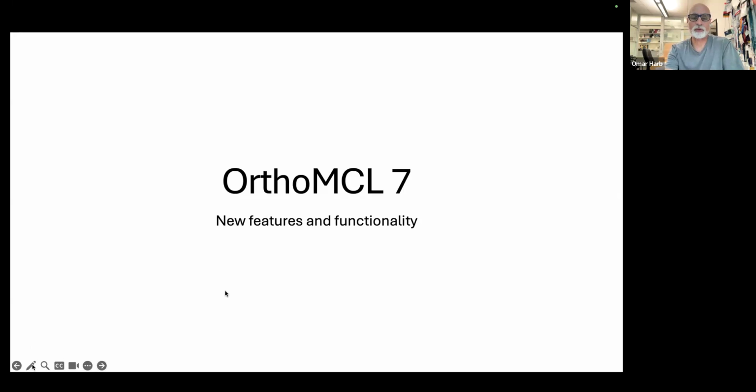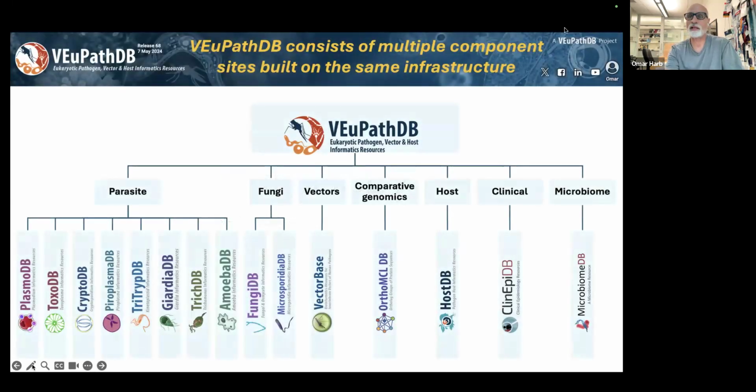Before we get into OrthoMCL 7, I wanted to walk you through a couple of slides. OrthoMCL is part of a family of databases that are run, managed and developed by the ViewPath project, which many of you are familiar with.